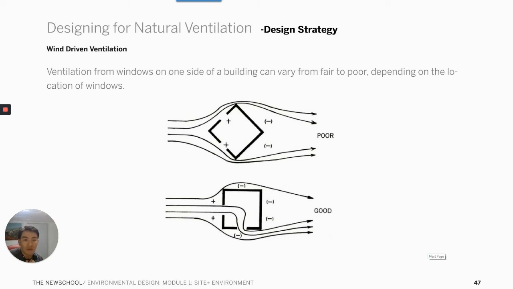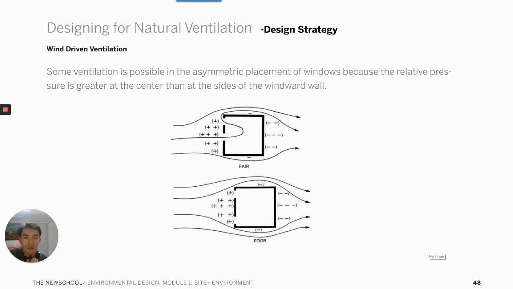In contrast, for the example below, even though the building design is the same, a positive pressure is created on this side and negative on this side. Therefore, the wind is crossing through the building from positive to negative pressure. Ventilation happens when there is a difference in the wind pressure coefficient.